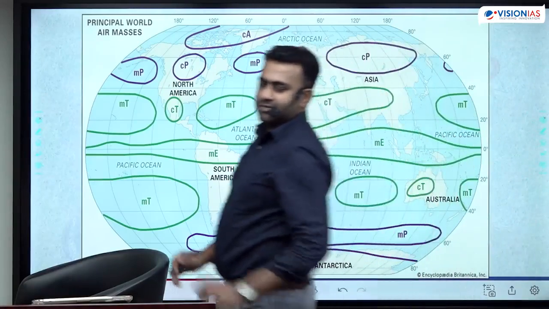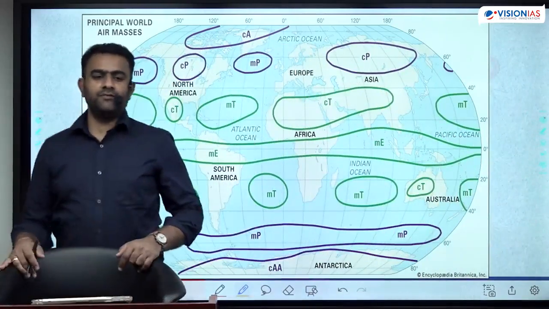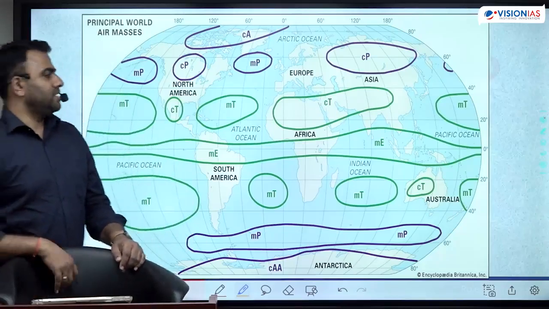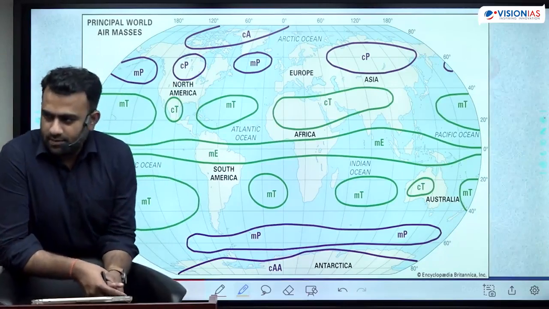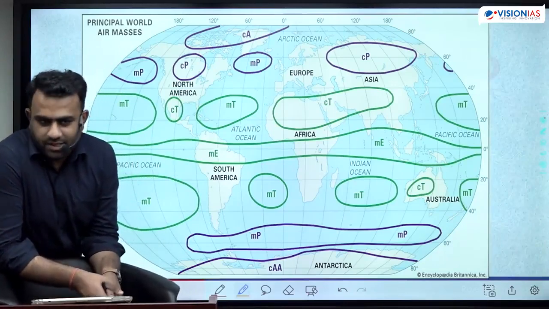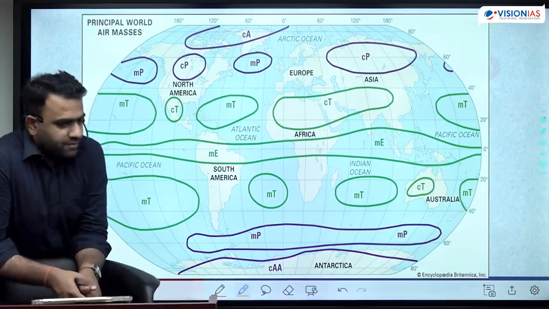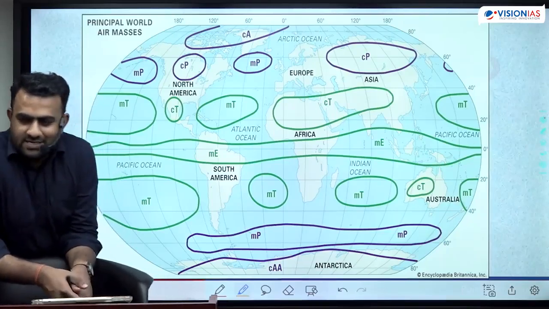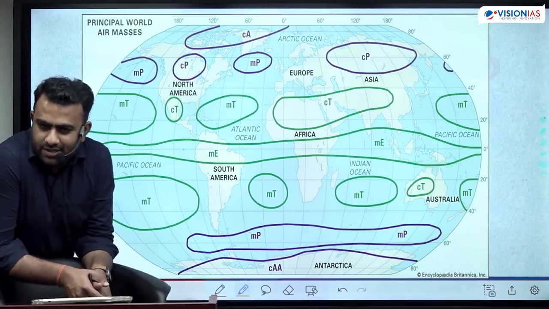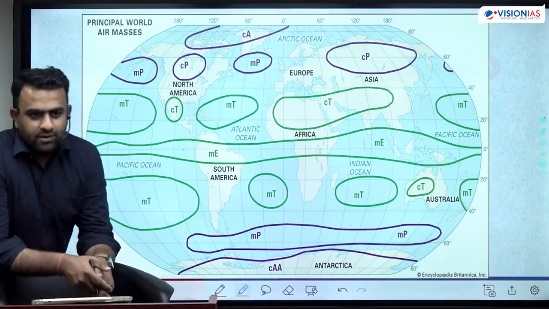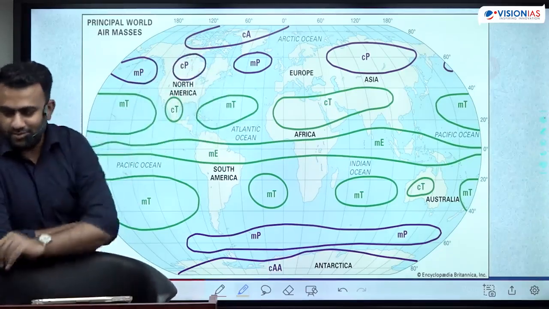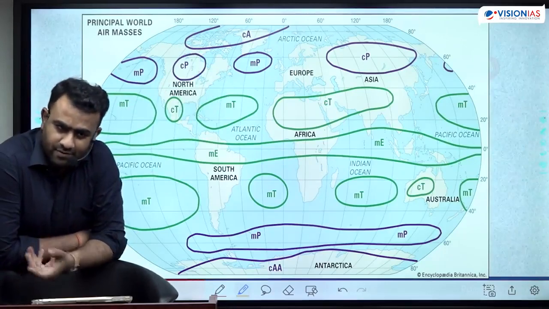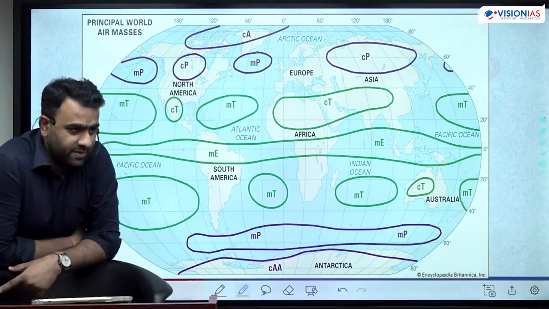Therefore, it is always the temperate regions where there is front formation. That is one of the reasons why there is no temperate air mass. For air mass formation, you need stable, uniform conditions. The formation of a front never lets the conditions be stable and uniform here. What comes from here and what comes from here meet and always keep creating disturbance throughout the year. So therefore, this is not a very stable area.